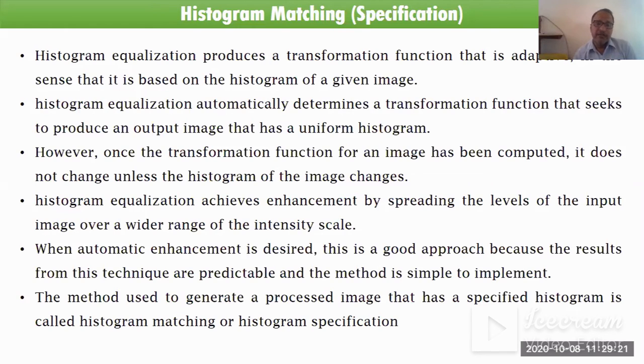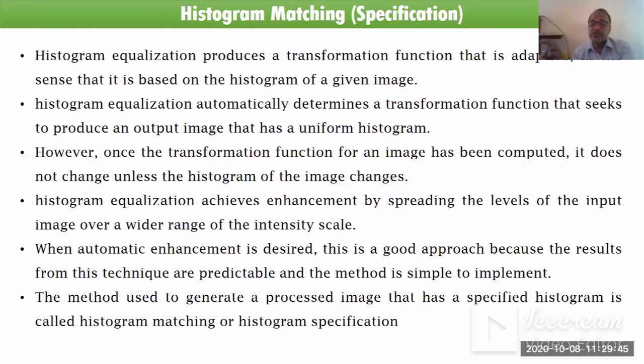So histogram equalization process produces a transformation function that is adaptive in the sense that it is based on the histogram of the given image. Now when we do histogram equalization, it generates the histogram and uses the transformation function.